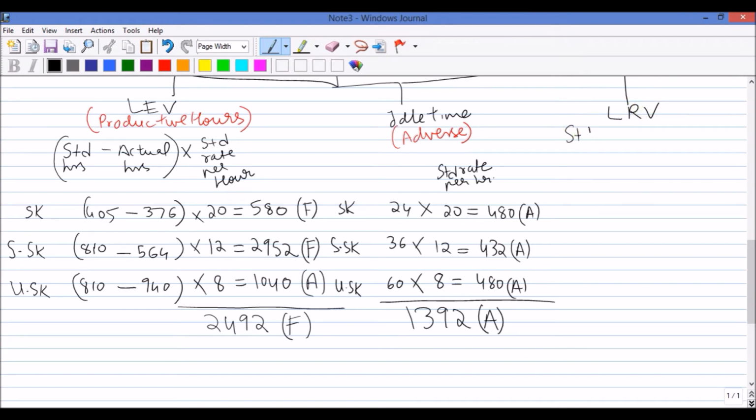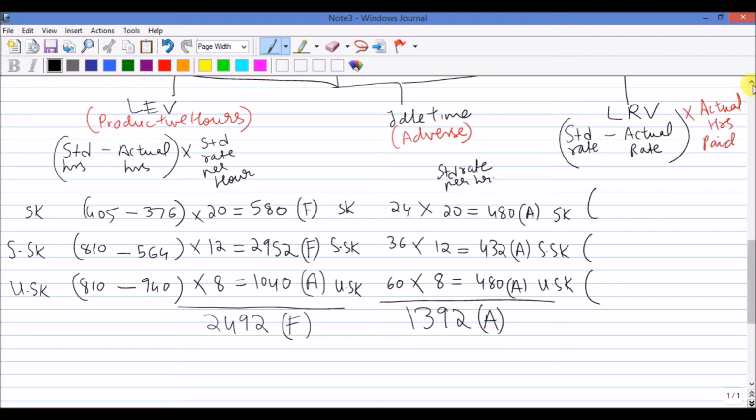The formula is standard rate minus the actual rate. And remember one thing: you have to multiply with the actual hours paid. It's a very important part. Actual hours paid. So again we have skilled, semi-skilled, and unskilled.